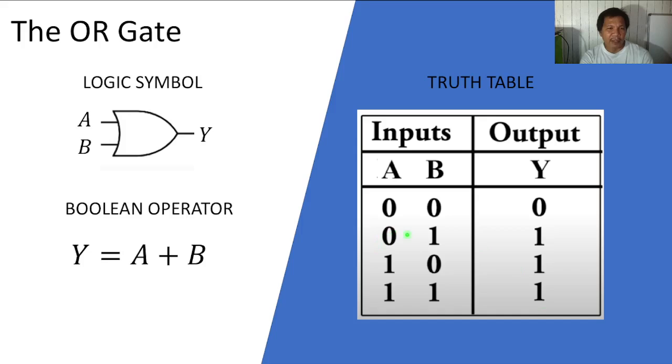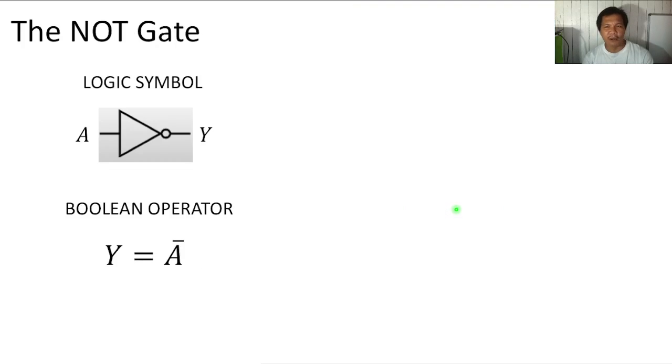Meaning to say, if one or more inputs are at logic 1, the output will be logic 1 for the OR gate. The OR gate will only have an output of logic 0 if both inputs are at logic 0. Okay? That's the property of the OR gate.